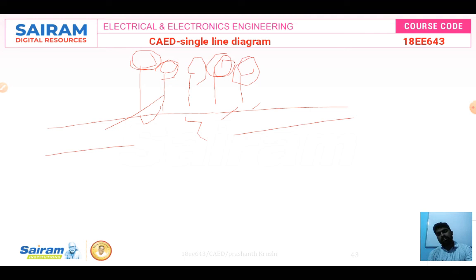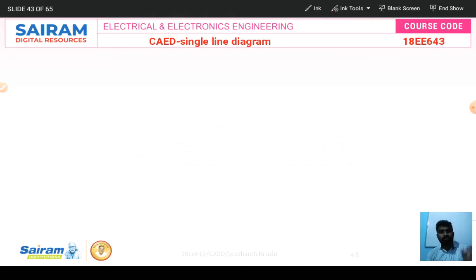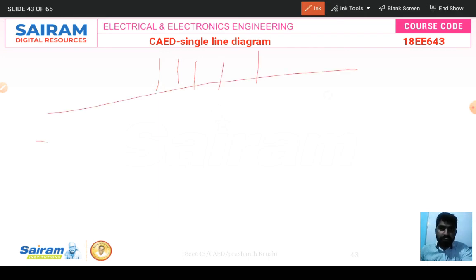I'll draw a clear diagram for this particular problem. For your understanding purpose, I'll use only one line. See, 5 incoming lines are there, and there is a double bus bar. This is 11 kilovolts, and see the question properly.